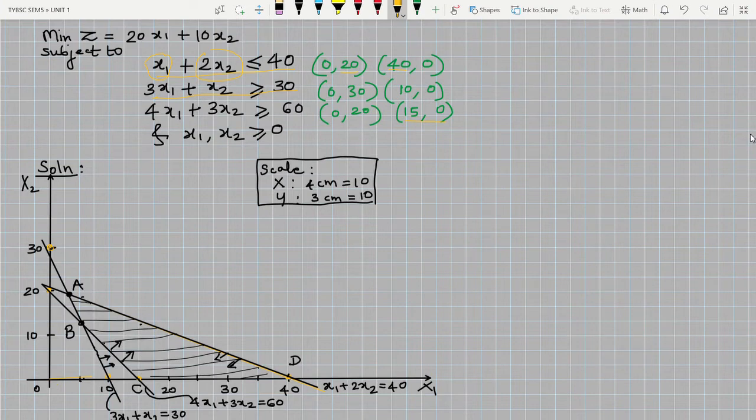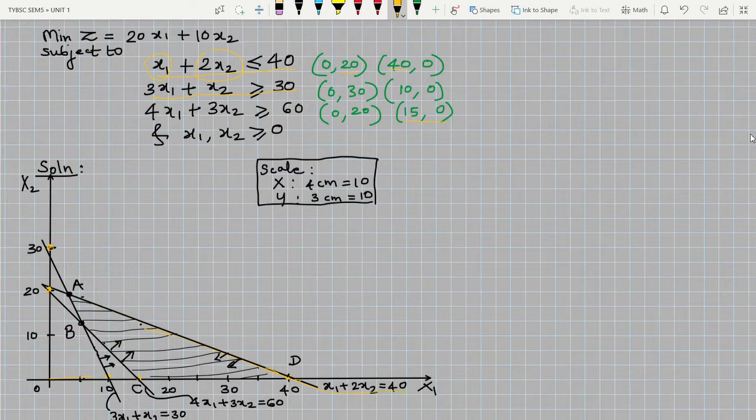The first equation is x1 plus 2x2 is equal to 40 and the points are 0, 20, which is over here, and 40, 0 is over here. Then I draw this particular line, which has the equation x1 plus 2x2 is equal to 40. Then 0, 30 is plotted.